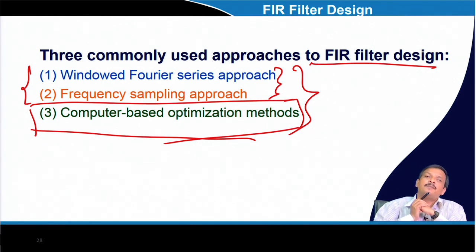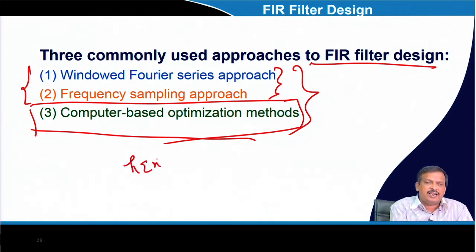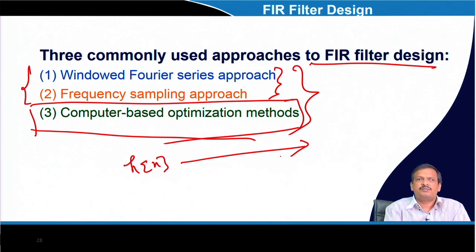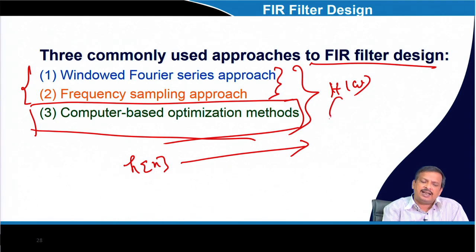So, if I say that the filter response h of n is an infinite series. Suppose I know H of omega. Once I know H of omega, how do I get h of n? By taking the inverse Fourier transform only.